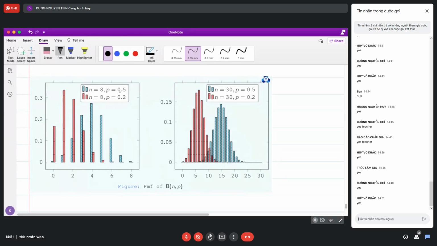It's symmetric, right? P is 50%, then you get a symmetric distribution. If p is 20%, then you will have a skewed distribution.